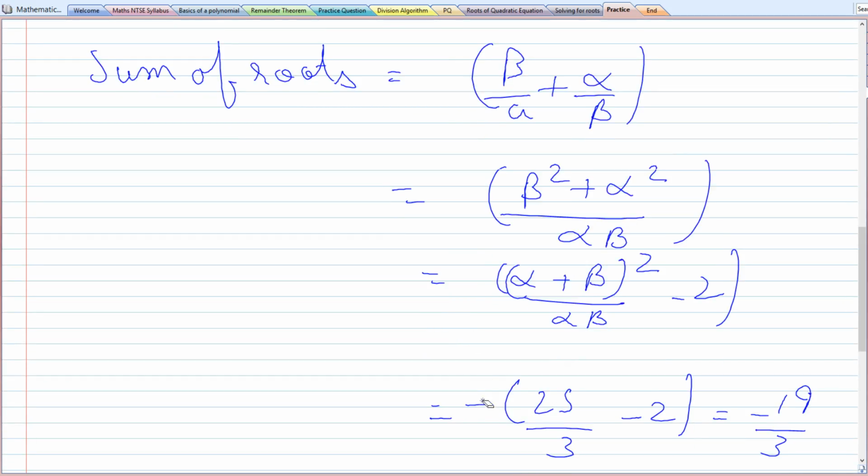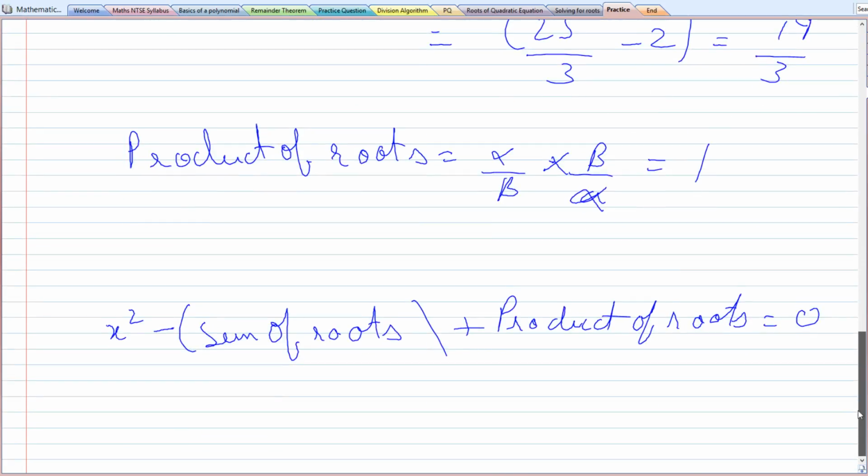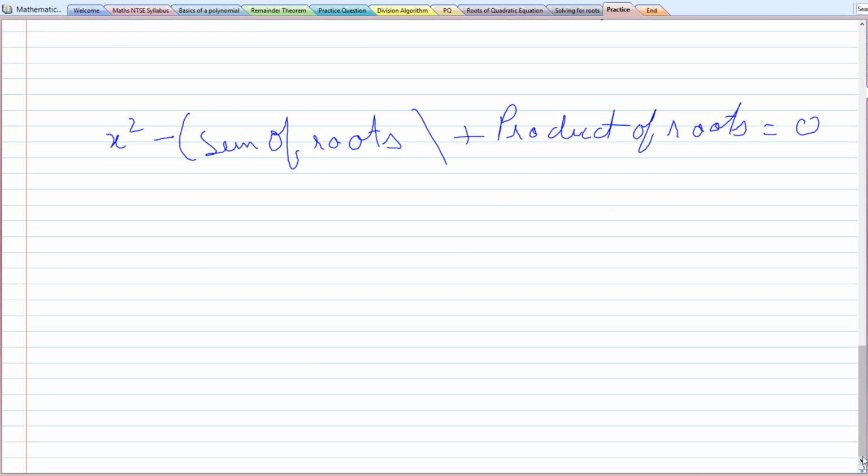There is a mistake: the sum of roots is not negative. Sorry for that. So here, putting the values, we get x square minus 19 upon 3 x plus 1 is equal to 0.